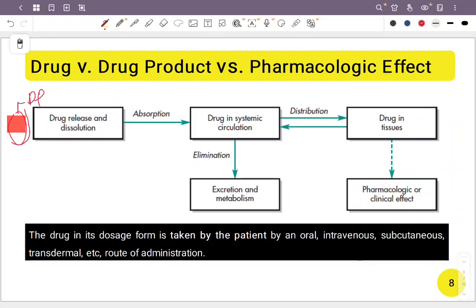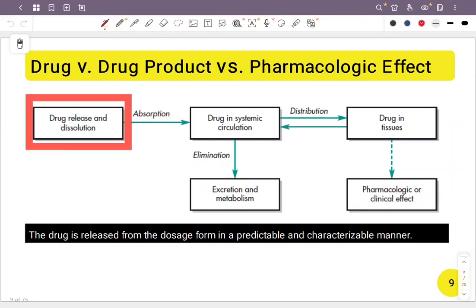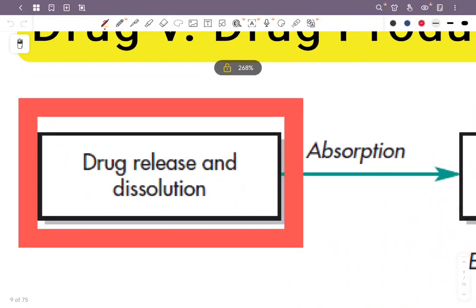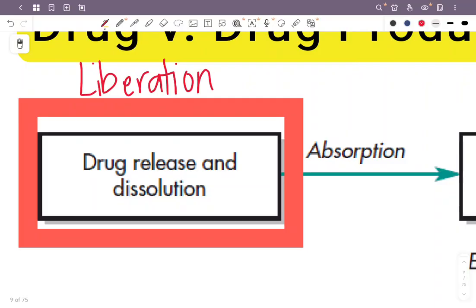Then, after that, our drug will be released from our drug product. And ang process na kay ginatawag nga liberation. And in liberation, ang final jud na product na to is our dissolved drug.